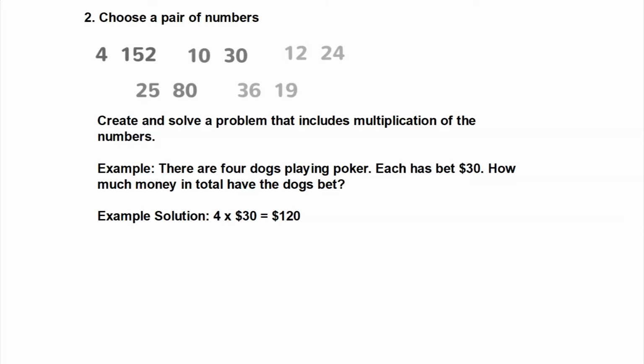And we're asked, how much money in total have the dogs bet? So there are 4 dogs that have bet $30, which gives us a total of 120.